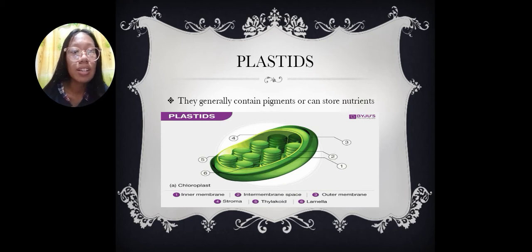They generally contain pigments or can store nutrients. Leucoplasts are colorless and non-pigmented and store fats and starch, while chromoplasts contain carotenoids and chloroplasts contain chlorophyll.